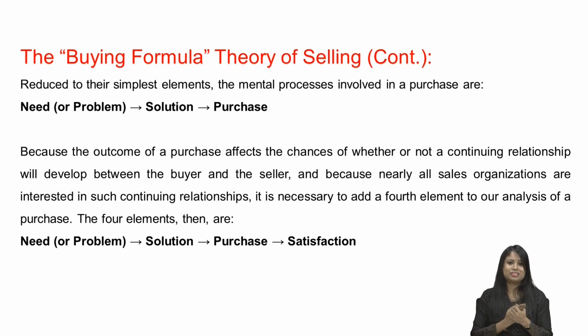The first three were need, solution, purchase. Now the fourth element entering is satisfaction. I have told you, after purchase the most important part is satisfaction. So first comes need or a problem, then solution, then purchase, and after that satisfaction.